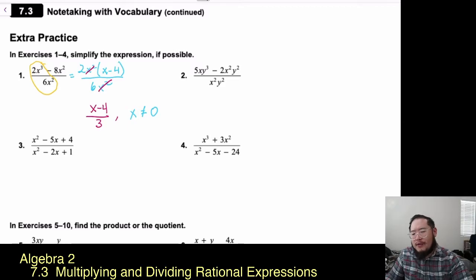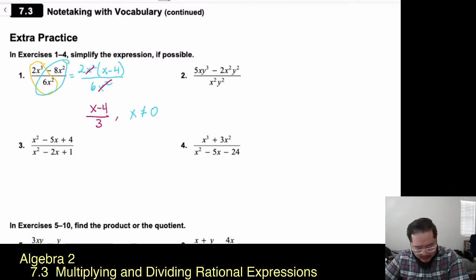So if you take the 2x squared and divide by 6x squared, you also need to remember to divide the negative 8x squared over 6x squared. If you do both, then you're fine. But if you only do the part that I have highlighted in yellow, then you're not going to get the answer correct. So that right there is important.